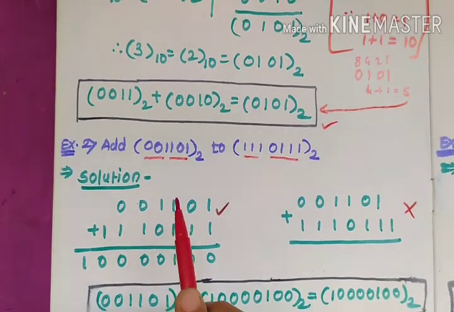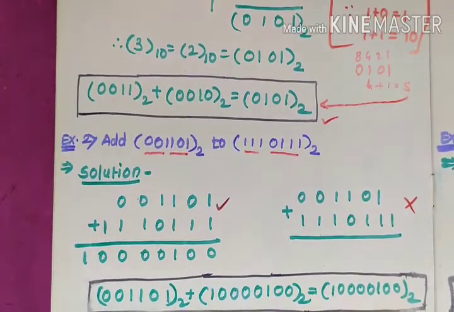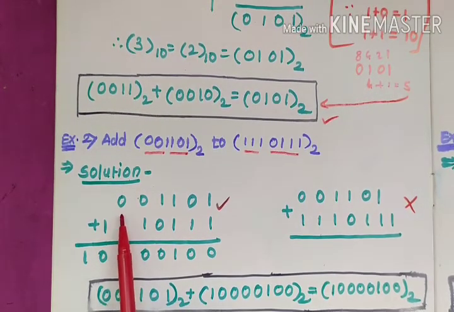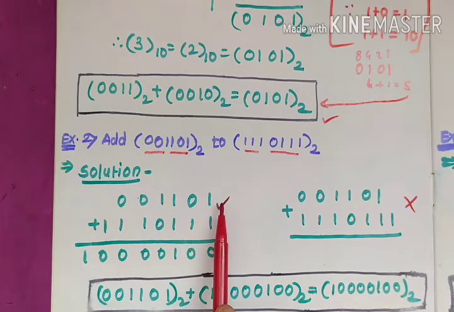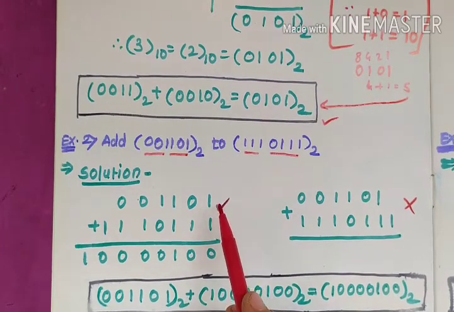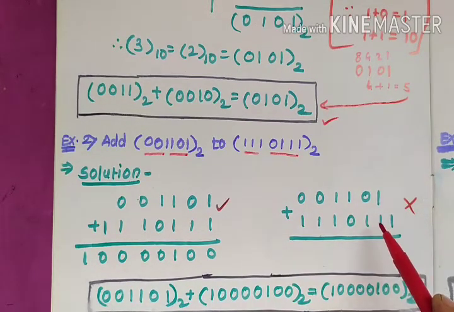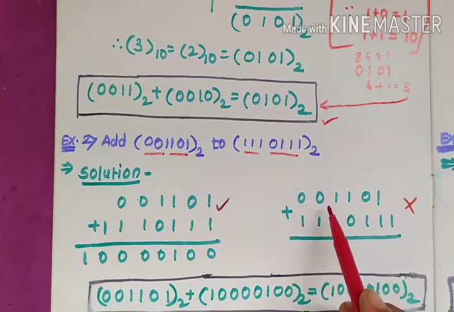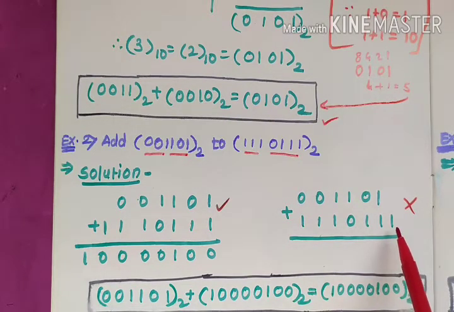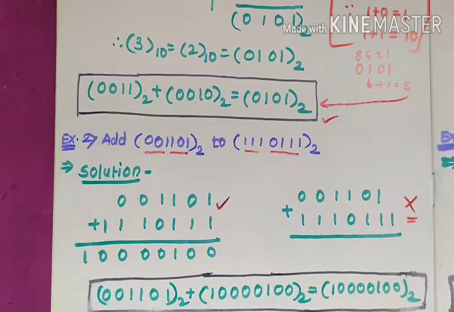So how to add these two numbers? First you have to write the first number and second number properly, but remember that you have to write both in proper sequence, with the first LSB and the second LSB aligned. Some students will write 11001101 plus 111011, so this is incorrect.